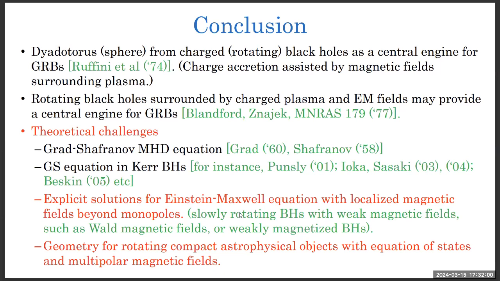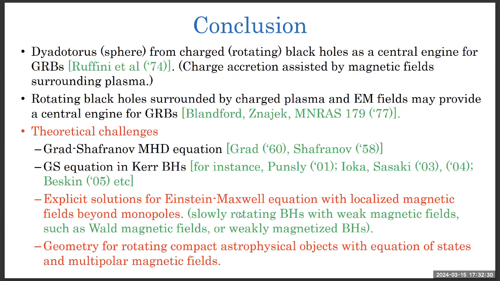Now the GS equation in the core of the black hole. The assumption in this context is a rotating space-time geometry that has the Killing vector coming from the rotation. This rotational symmetric Killing vector exactly guarantees a magnetic field.